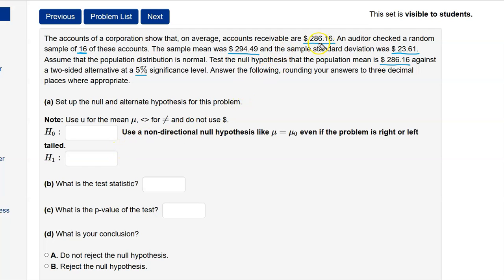Alright, so for this problem, it's assumed on average that the mean is $286.16. So that's going to be our null hypothesis. And the problem tells us to use a two-sided alternate hypothesis.